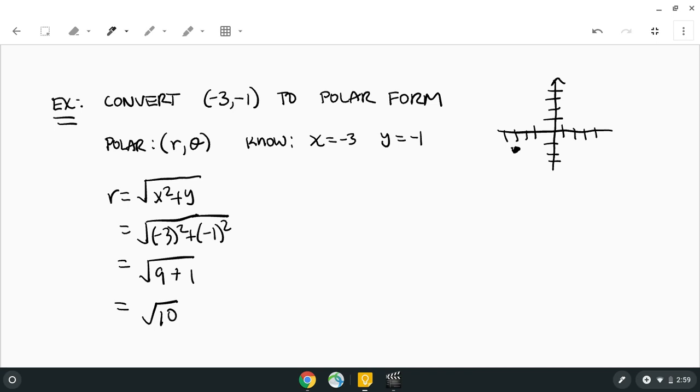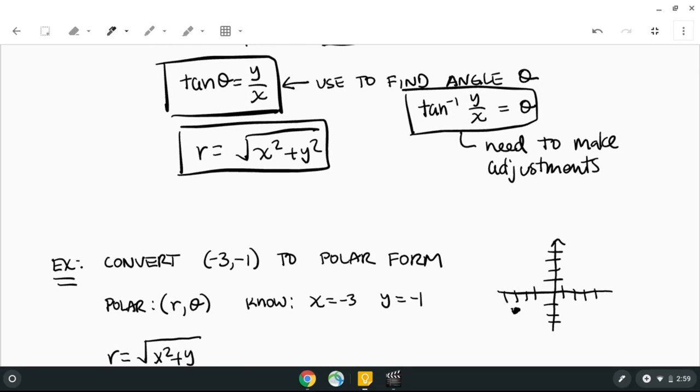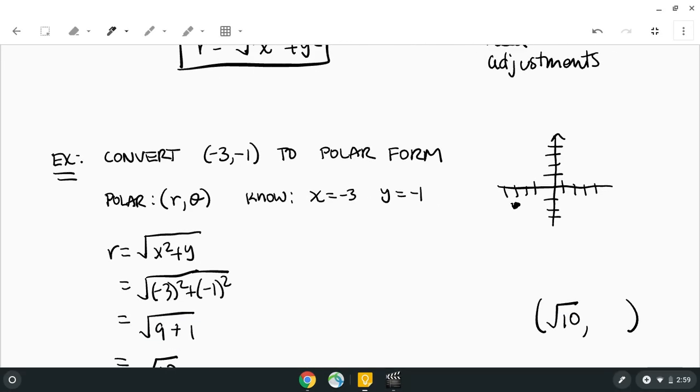So far our answer is going to be r, theta. So far, square root 10 something. We don't know what theta is yet. So according to this, we're going to use this formula right over here: tangent inverse of y over x equals theta.